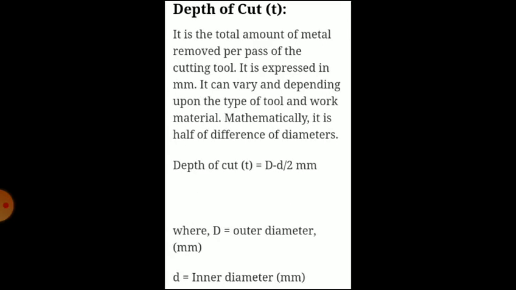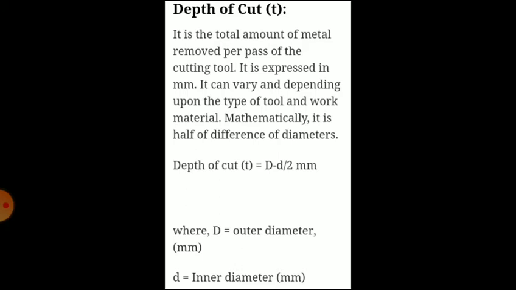Next is depth of cut. It is the total amount of metal removed per pass of the cutting tool. It is expressed in mm. It can vary depending upon the type of the tool and work material. Mathematically, it is half of the difference of diameters.